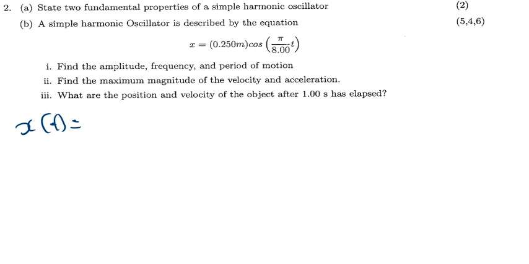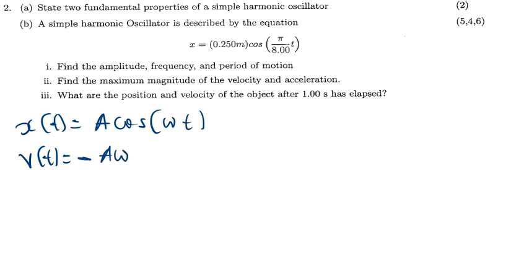The position as a function of time is given by A cos of angular frequency times t. Then the velocity as a function of time is given by negative A times angular frequency, then sine of that.